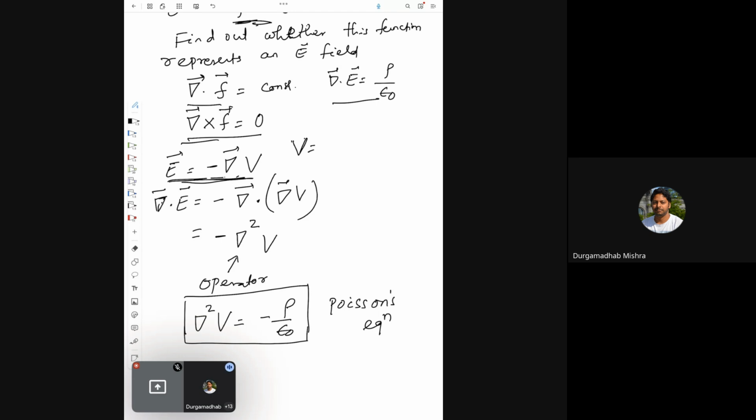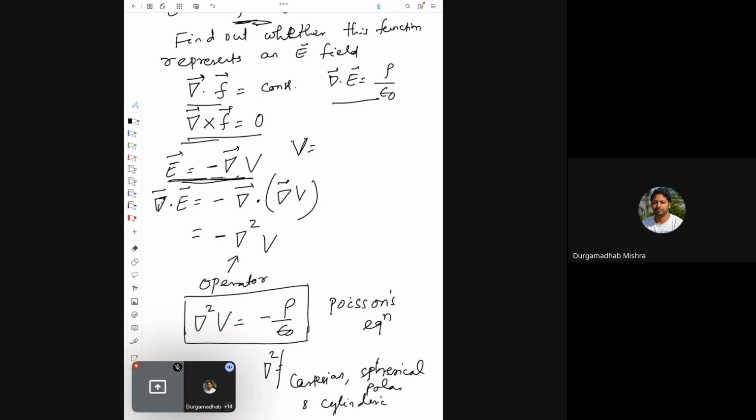So that means, this del square, how will you calculate? This is a partial derivative. Okay, so careful. You have to write it in Cartesian, spherical polar, and cylindrical coordinates.